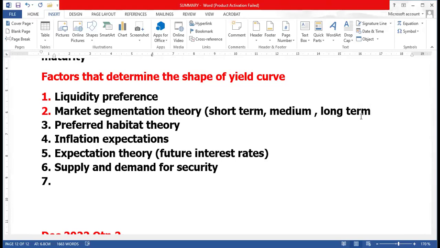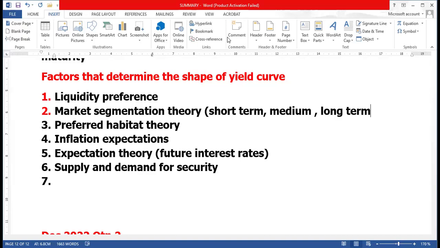If NSSF is going to buy the government bond, what will they prefer? They may prefer long term, or the medium term. So it really depends on the entity, on their needs and preference. Okay, so how does it affect the yield curve now?